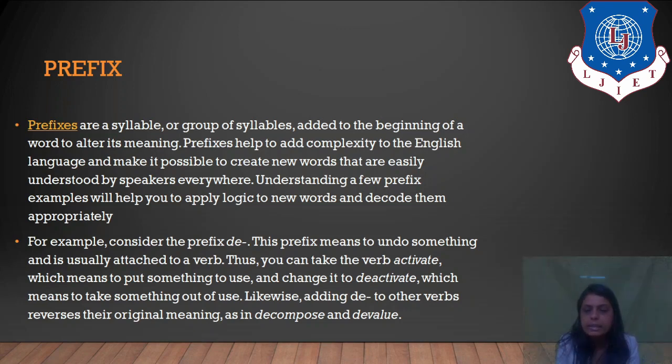Likewise, adding de to other verbs reverses their original meaning, as in decompose and devalue. So when you know the root word, you can easily identify the meaning of the new word when a prefix is added.